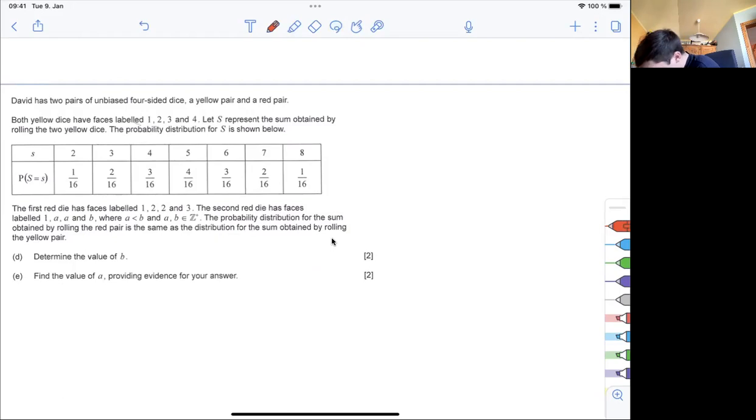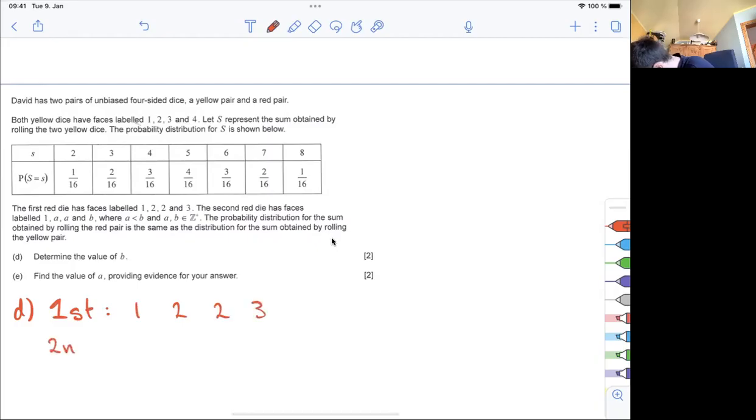So when we think about our two dice, our two red dice, we'll say on our first one, okay, we have 1, 2, 2, and 3.